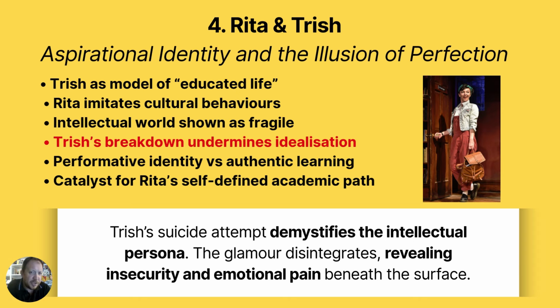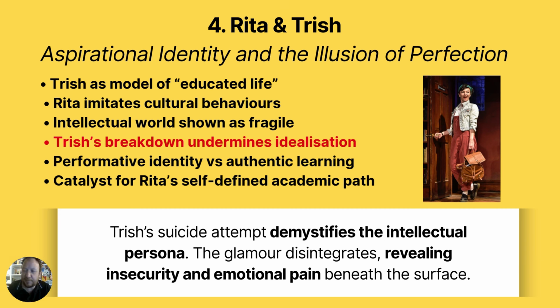I'll say it again, Trish is not given a voice in this. We don't ultimately know if she's struggling with her identity, and the academic identity is what ultimately drives her to suicide. However, the way that Russell has presented it suggests that it is. The glamour disintegrates, revealing insecurity and emotional pain beneath the surface.